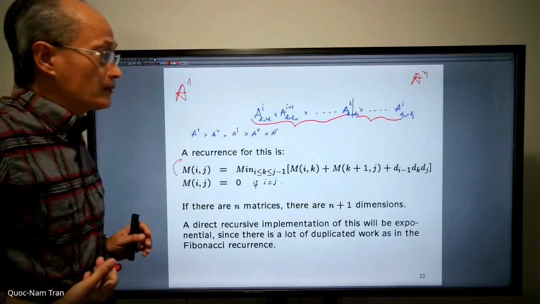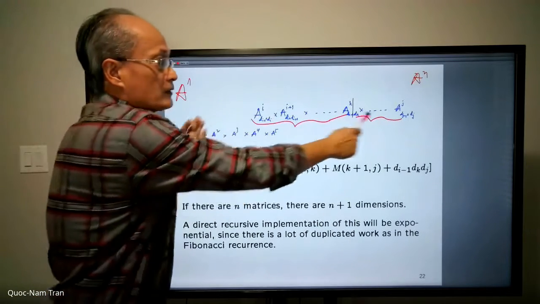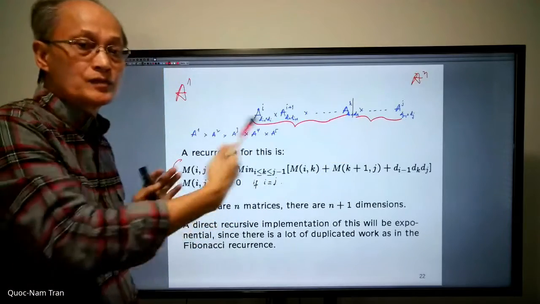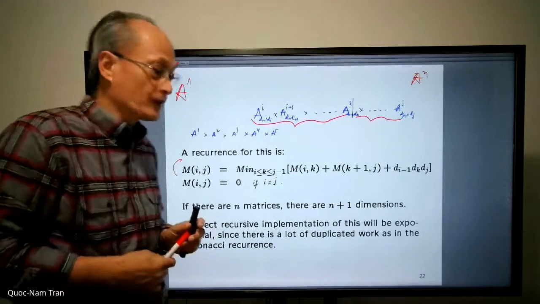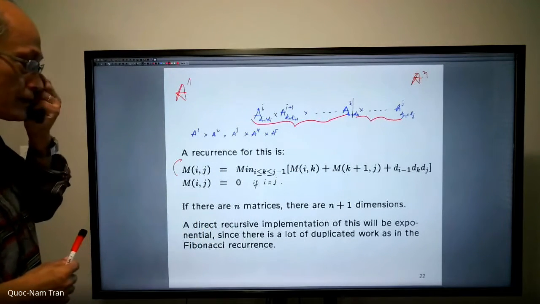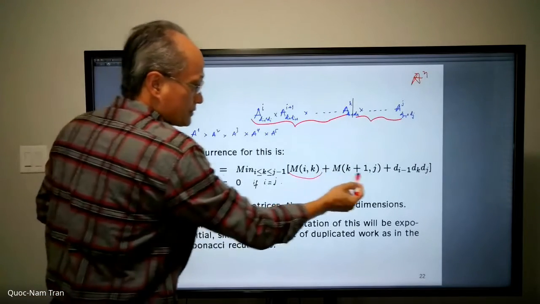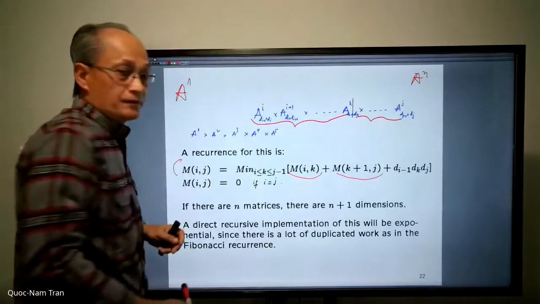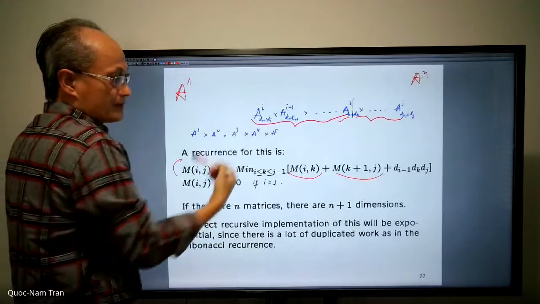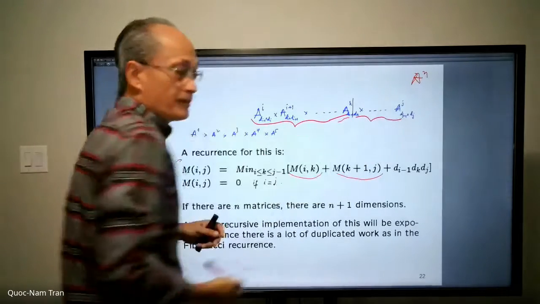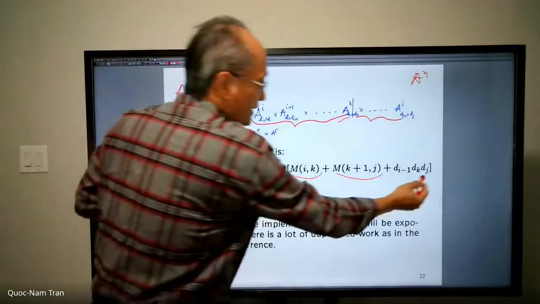So we need a way to multiply a sequence from AI to AJ, where I goes from 1 to N and J from I to N, right? So we can choose a recursive algorithm: find the best way of multiplying the left subsequence, the best way of multiplying the right subsequence, and then combine the results, right?